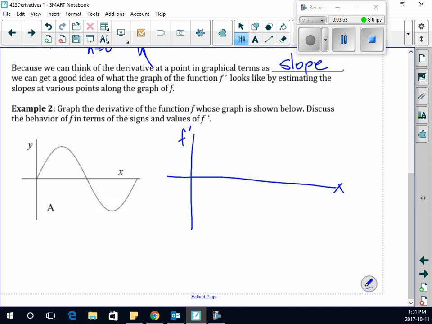So right at 0, approximately what kind of slope would that be? It's positive, definitely positive. Approximately what? Looks like a slope of 1? 2? 1.5.